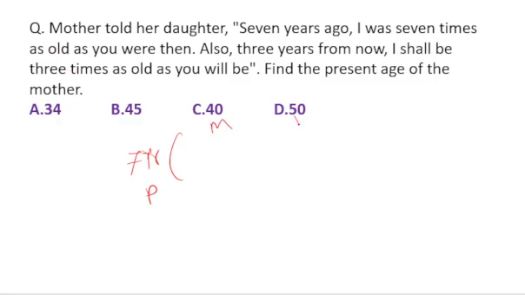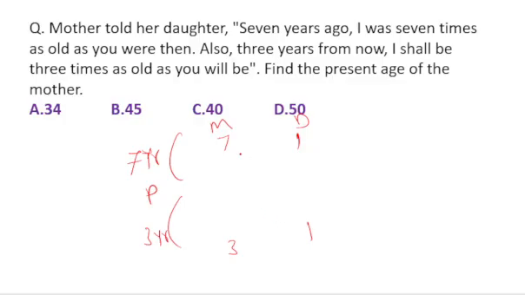If she is the mother and she is the daughter, the ratio is 7 times, so the mother is 7 and the daughter is 1. Also, 3 years from now, I shall be 3 times as old as you will be. 3 times her daughter after 3 years.